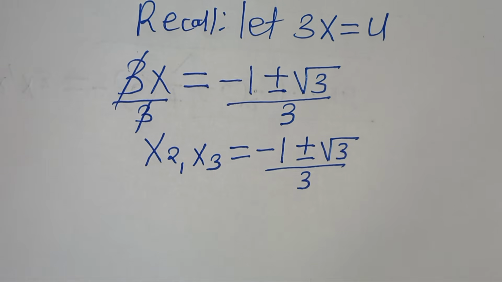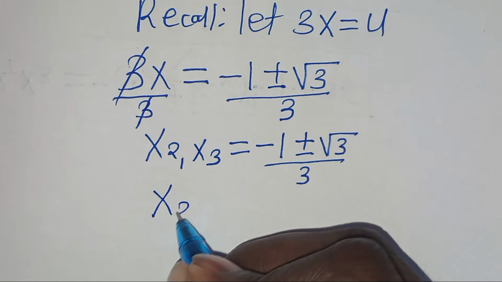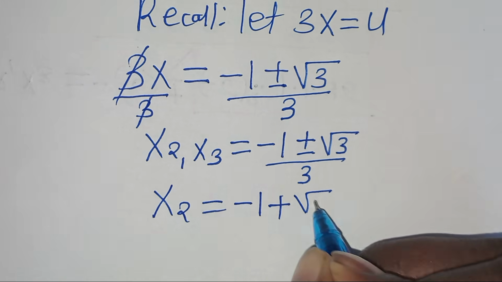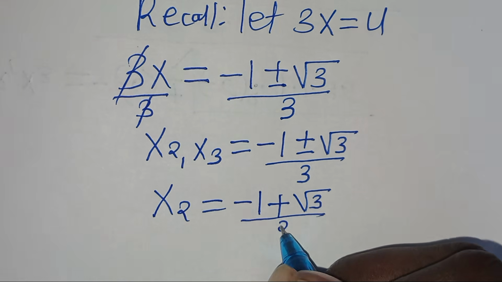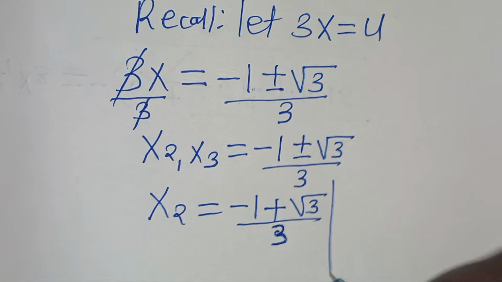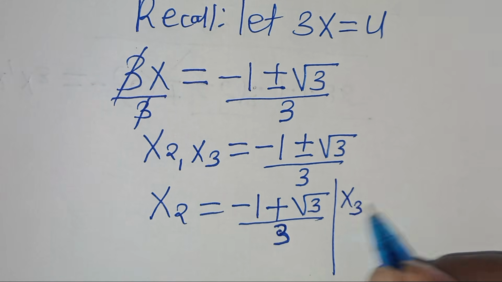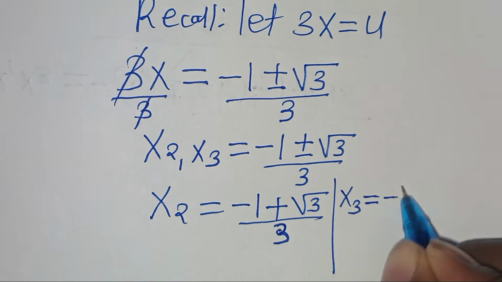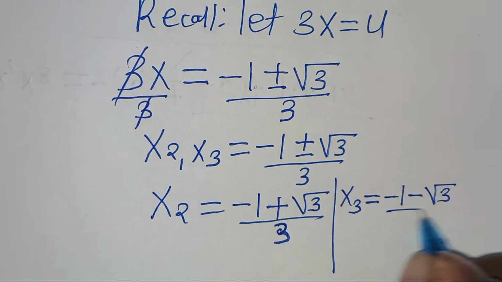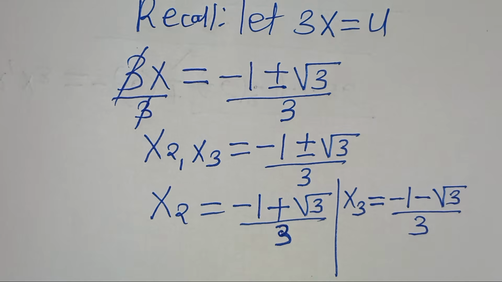So this is to mean that we have x2 equal to negative 1 plus square root of 3 divided by 3. And we have that x3 is equal to negative 1 minus square root of 3 divided by 3.